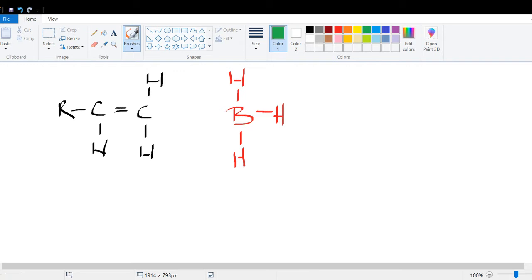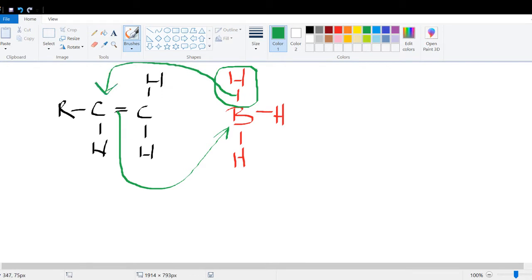The way we've been doing it is the double bond attacks the boron, which is an electrophile because it has this open shell here where there's no electrons. And then one of these hydrogens, and it's actually a hydride, so it's the hydrogen plus those two electrons that are in that bond, are going to go on the inside and attack that inside carbon, okay?